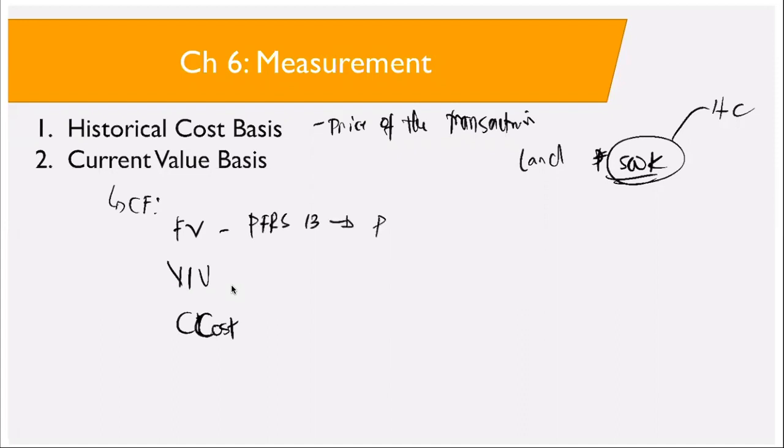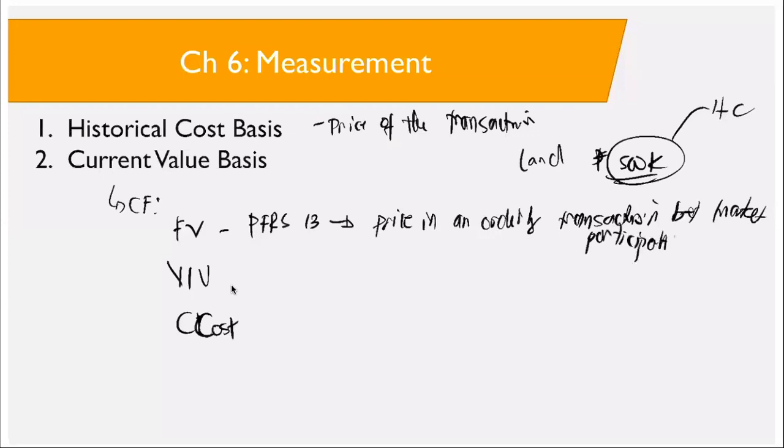This is the price for the asset or the price over the liability in an orderly transaction between market participants. Normally, guys, this is known as your fair market value. So this is the value that is fixed between market participants.